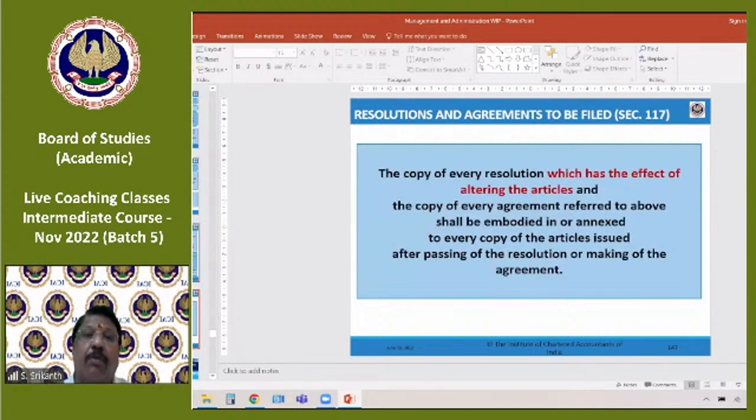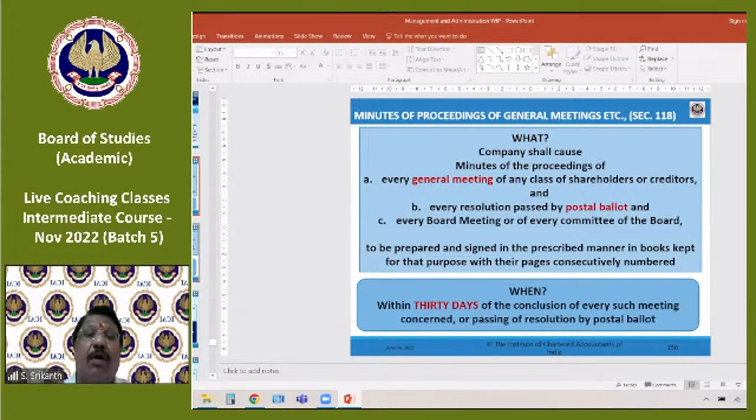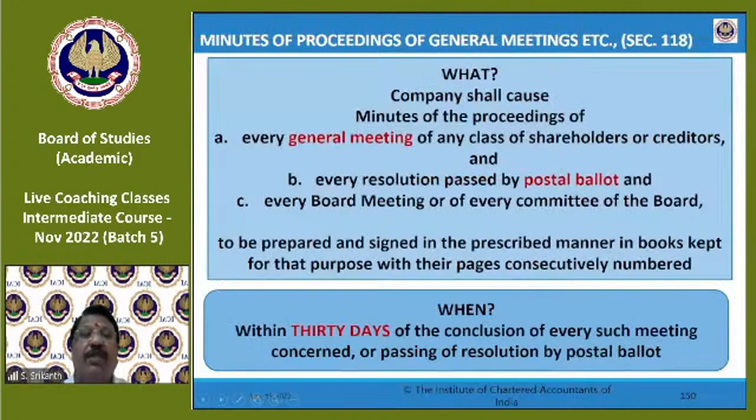We now come to the fag end of this topic, which is minutes of proceedings of a general meeting. So, a meeting begins with notice, valid notice containing the statutory declarations, the explanatory statement, etc., given 21 clear days before the date of the meeting.